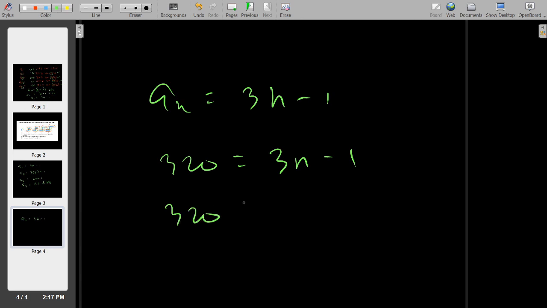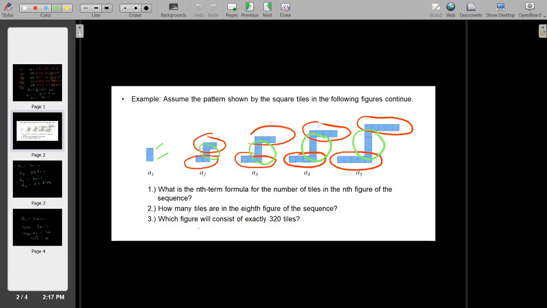So you have 320 plus 1, then you divide by 3 both sides. You're going to get 107. So therefore the 107th figure will consist of exactly 320 tiles.